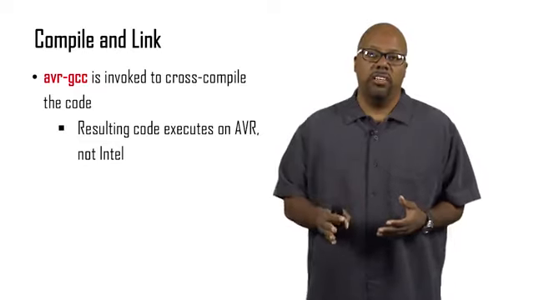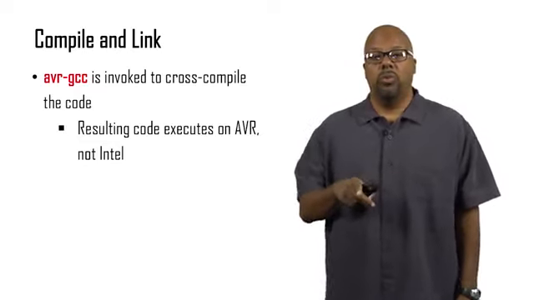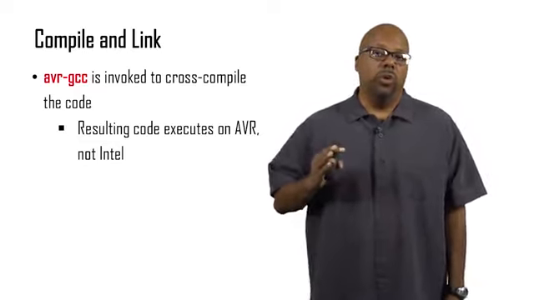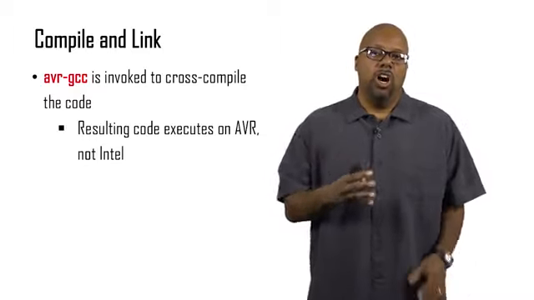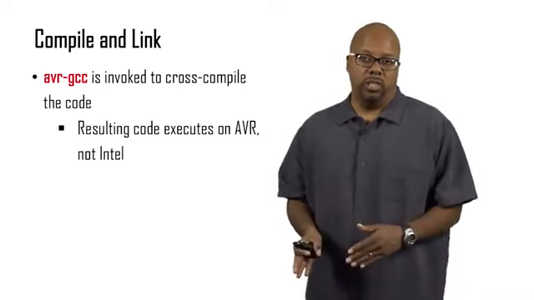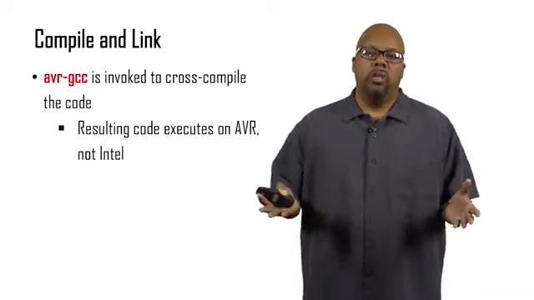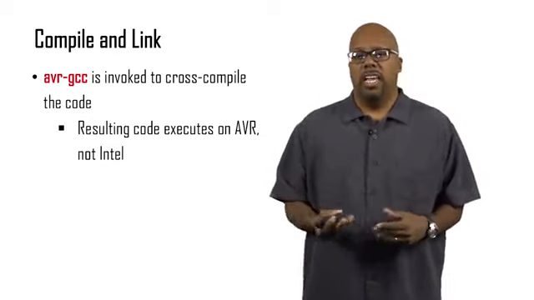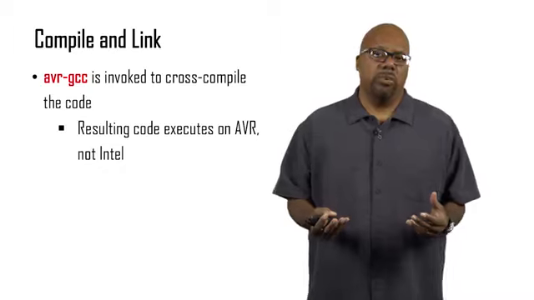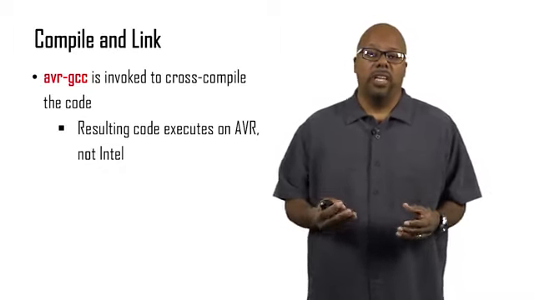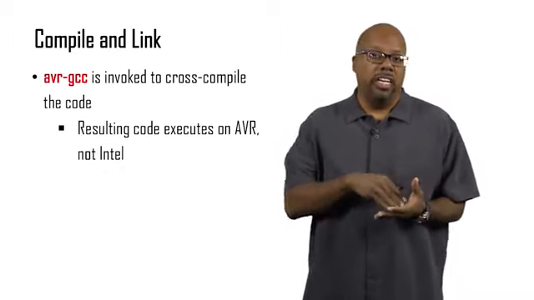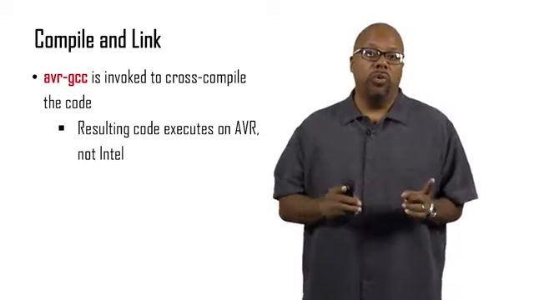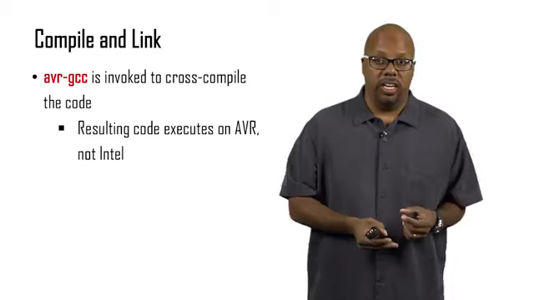That's what compilation is. Now, cross-compilation, which is what we're doing here, is when you compile code on one machine for another machine. So typically, you're compiling it on a desktop or laptop machine, which maybe has an Intel x86 type processor on it. And so you're compiling it on an x86 processor, but the code that you get does not execute on an x86 processor.